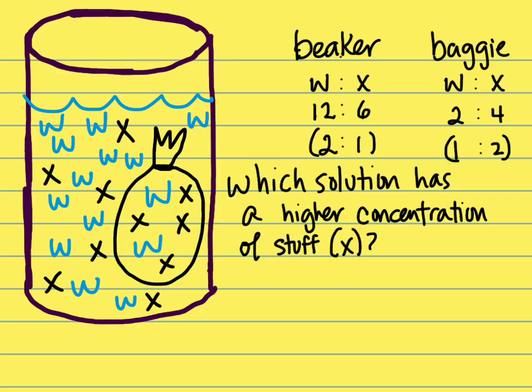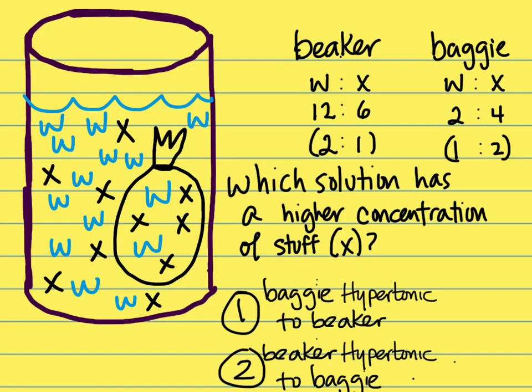If we simplify that, the beaker's got twice as many particles of water as salt, and the baggie has half as many. So the baggie is hypertonic to the beaker. The beaker is not hypertonic to the baggie.